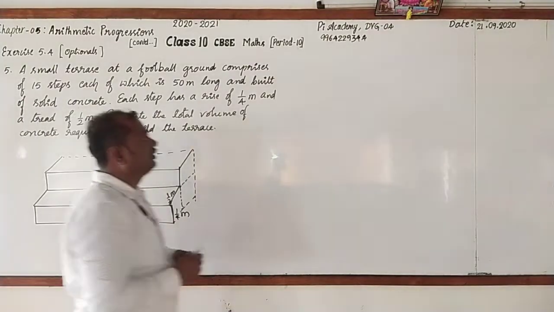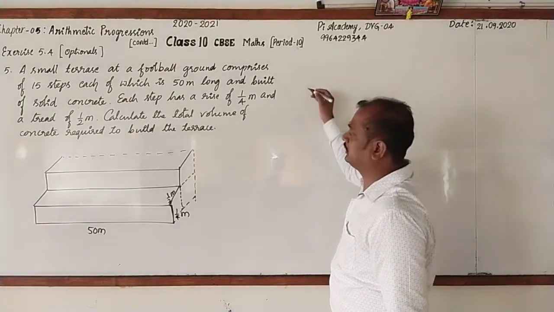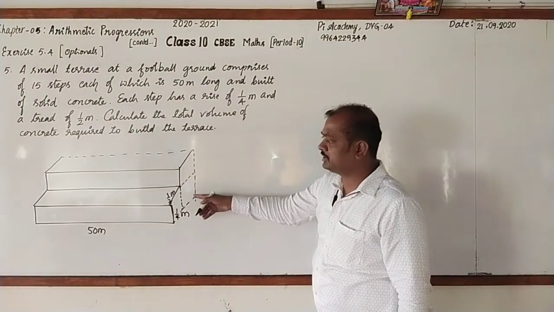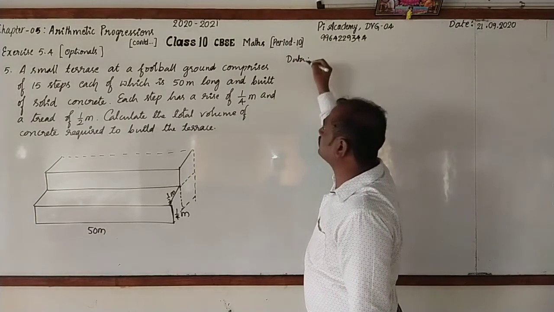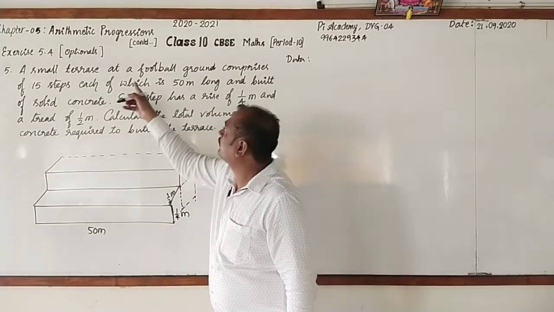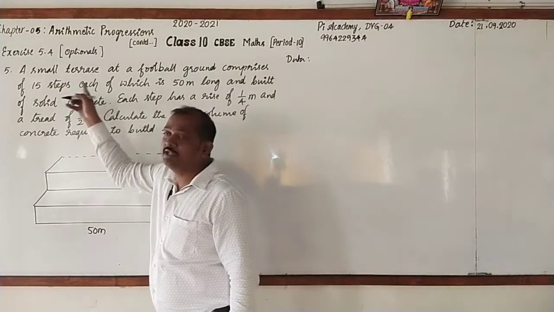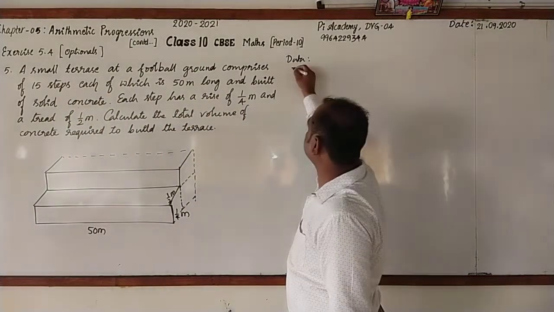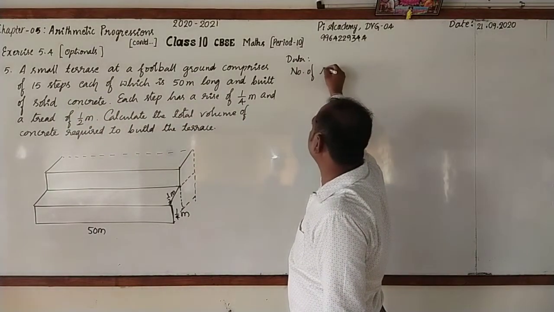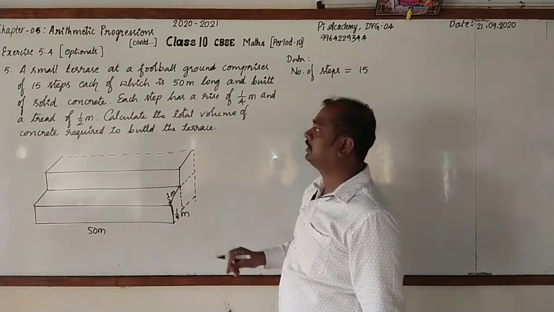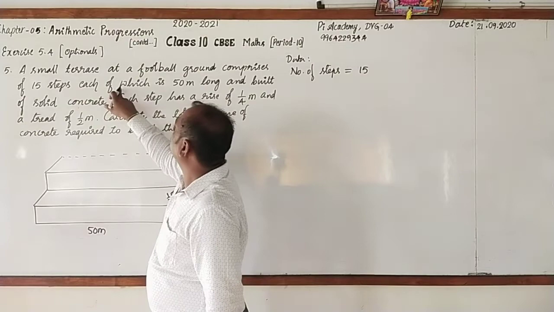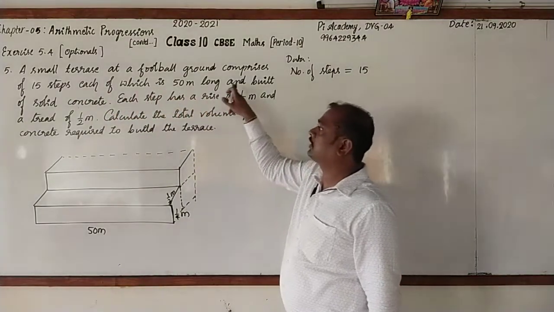Okay. Now, here I go for writing the data. So, by drawing like this, you can also start writing with me. The data, what we have to write? They are given. First, comprises of 15 steps. The number of steps. Number of steps is equal to 15. Then, each of which is 50 meter long.